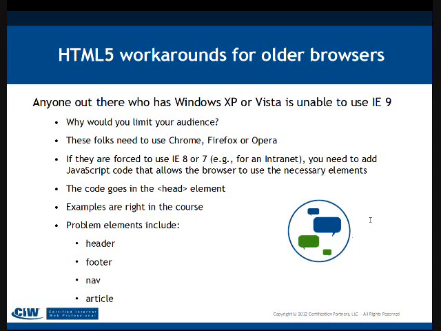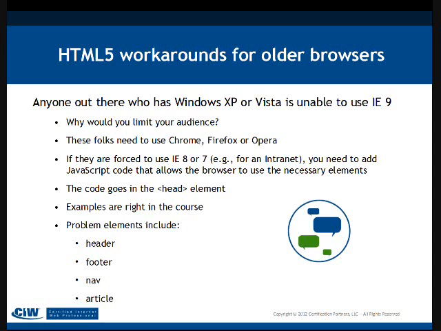That's right. And the issue is that Windows XP or Vista are unable to use IE9. You simply can't install it. So you have to have Windows 7 in order to run IE9. And so those older IE browsers are where people are going to run into some difficulty. Now, we've included a fix in the book.